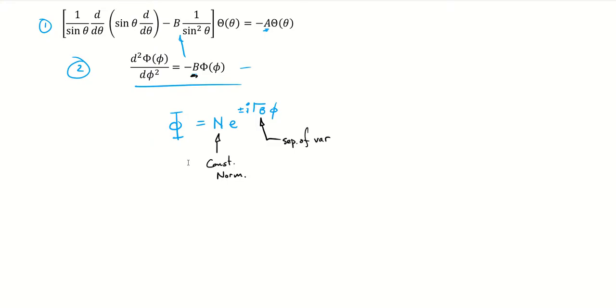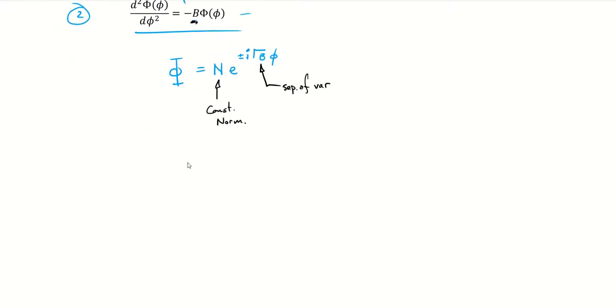If we look at this function, we can actually figure out what those variables are. There are two things we can look at, normalization being one. The first is the fact that this has to be a single valued function. Let's stick to the plane, and say I'm at some angle phi.